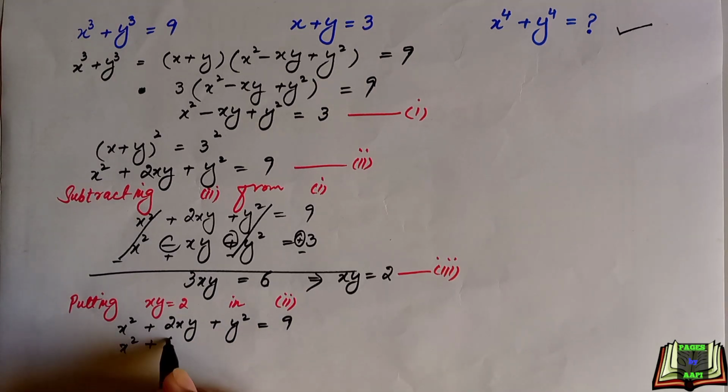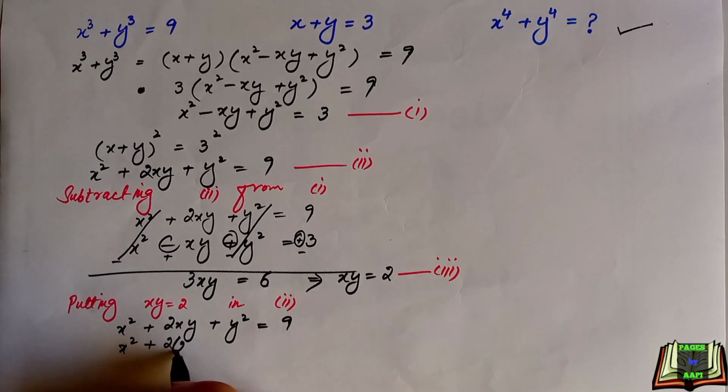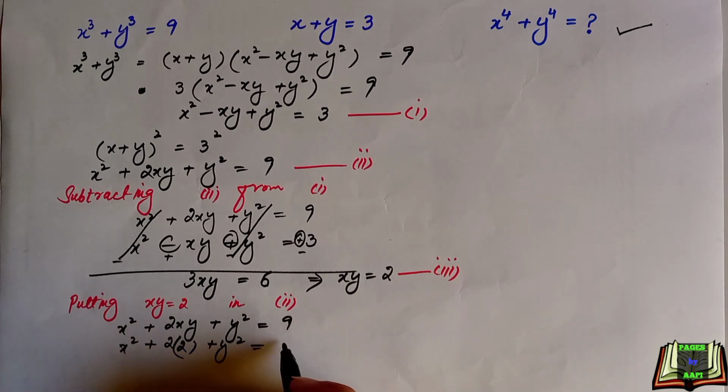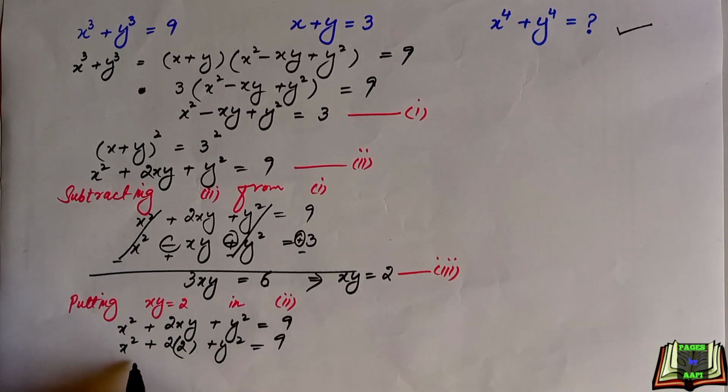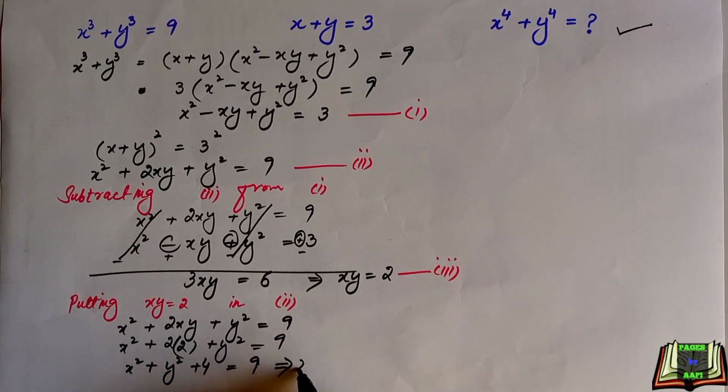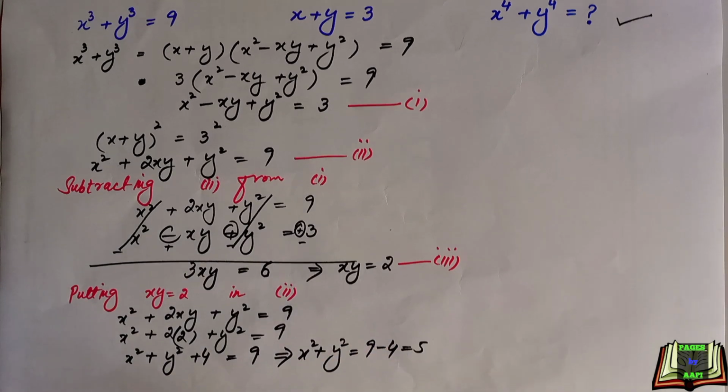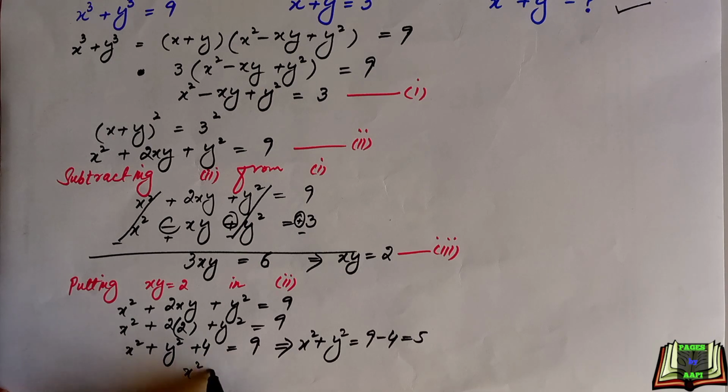If we put in the value xy equal to 2, 2 into 2 is 4, so x square plus y square plus 4 is equal to 9, which means x square plus y square is 9 minus 4, which is equal to 5. So we got x square plus y square is equal to 5. Let's name this equation 4.